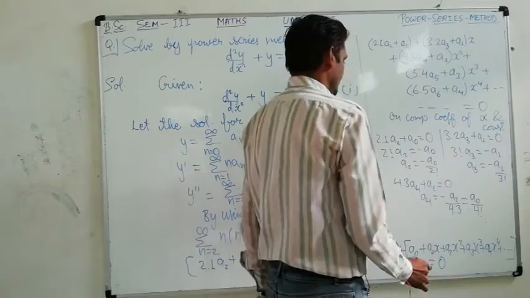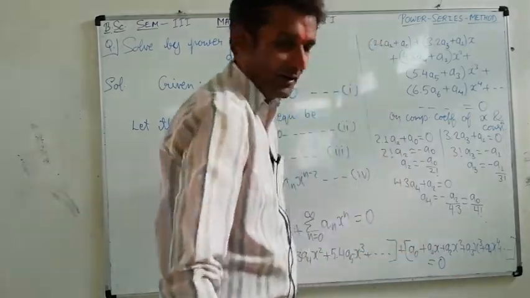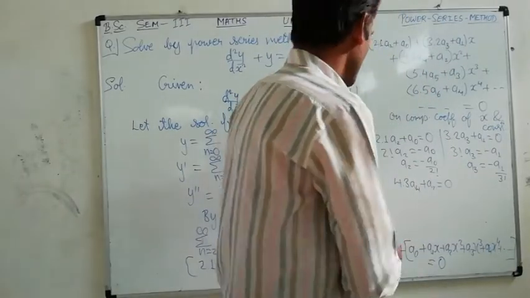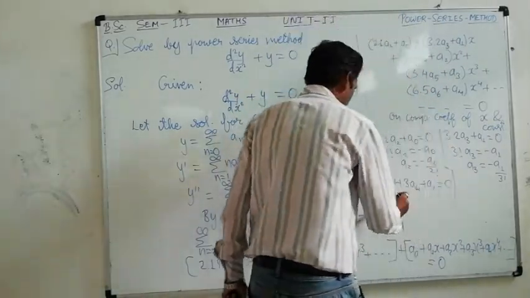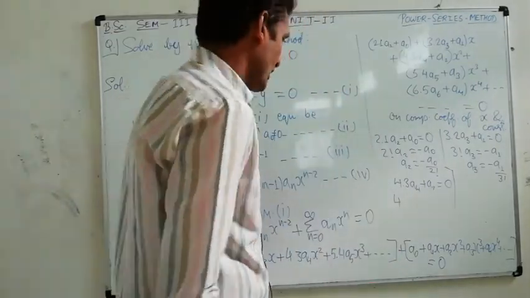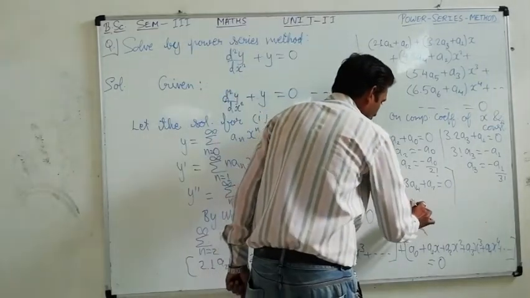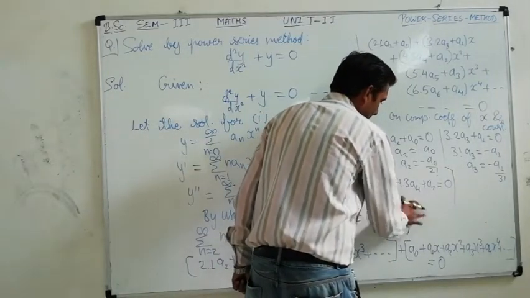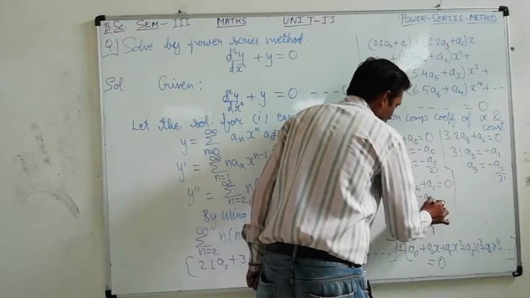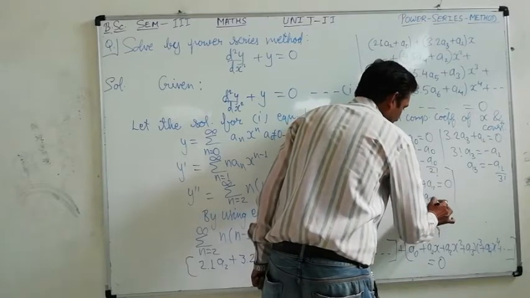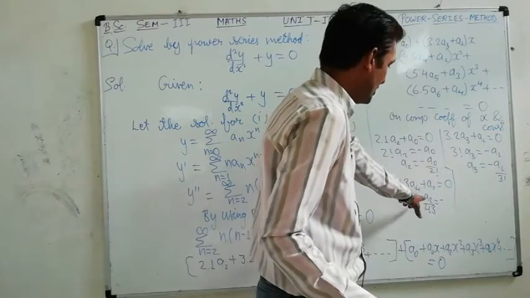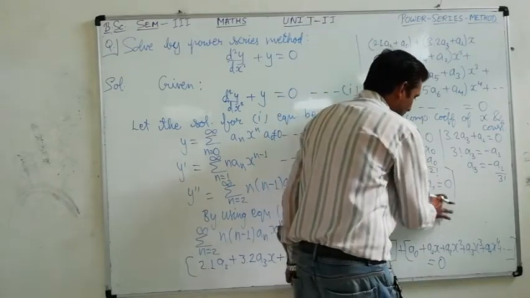Now, let us write it here only. So, a4 is equal to minus a2 upon 4 into 3. That can be written as minus into minus, this a2 value is minus a0 upon 2 factorial. So, minus minus plus, so it will become a0 upon 4 factorial.